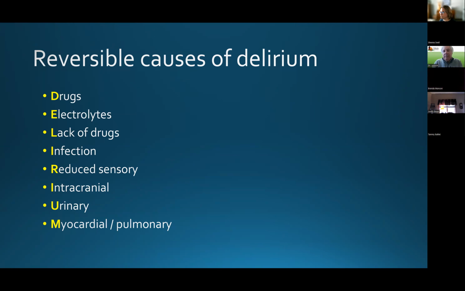Infection is a big one in terms of inducing delirium. Reduced sensory, intracranial changes, so usually intracranial pressure, stroke, hydrocephalus, urinary retention, fecal retention, so urine and bowel blockages can cause delirium, as well as heart attacks and pulmonary emboli and or infections of the lung.